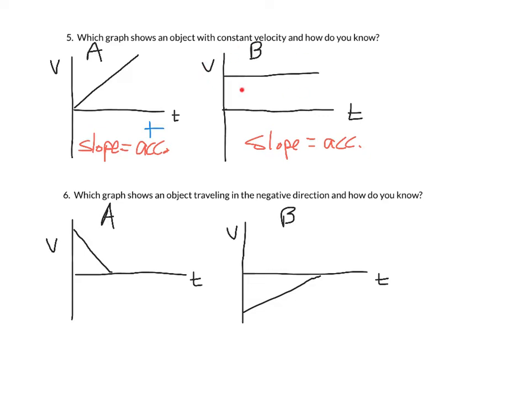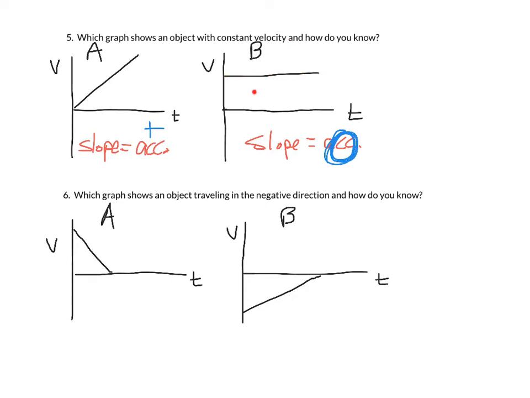What kind of slope is this? Horizontal. What kind of slope is that? Zero slope. That means we have zero acceleration. If we don't have any acceleration, that means our velocity is staying at whatever this value is.